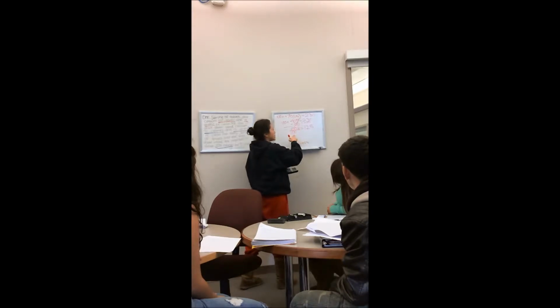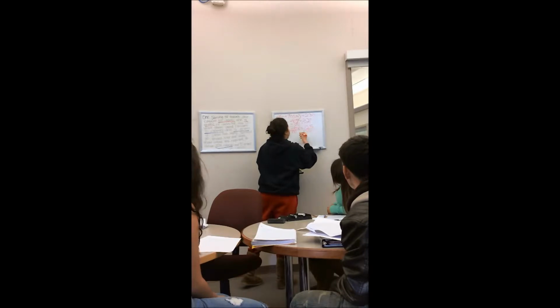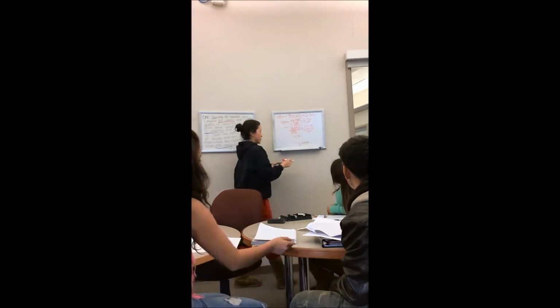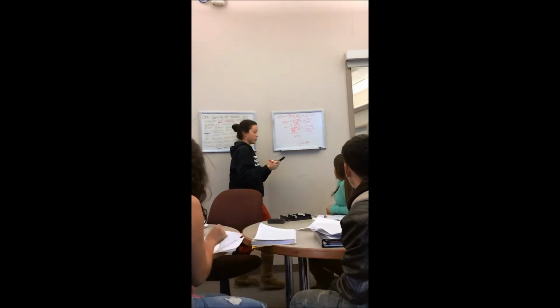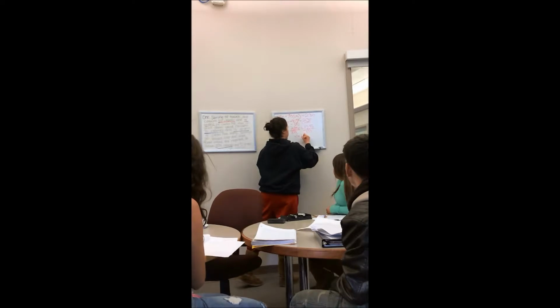So divide by 100, but when we do that, it has to be on both sides. And x equals, this crosses out, 125 divided by 100 equals 1.25.